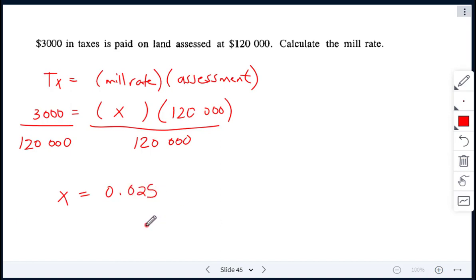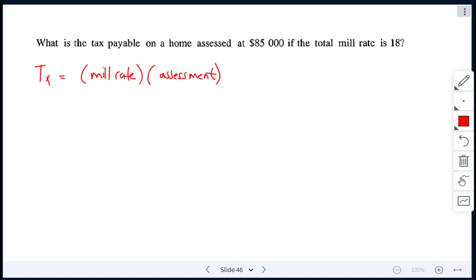And then to put it into mils, the mill rate, just move your decimal place 3 to the right, 1, 2, 3, which gives me 25 mils. So the mill rate is 25 mils.